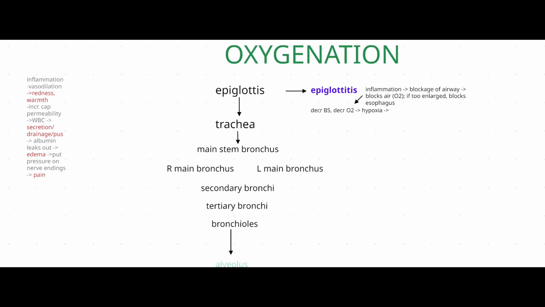That's a compensation. That's also a compensation. Who said that? Very good. So lack of oxygen to the brain, right?